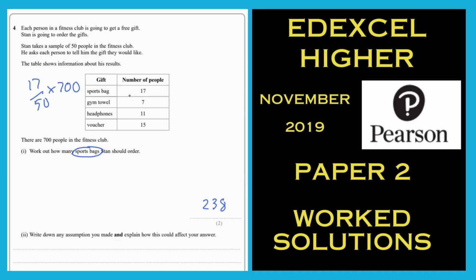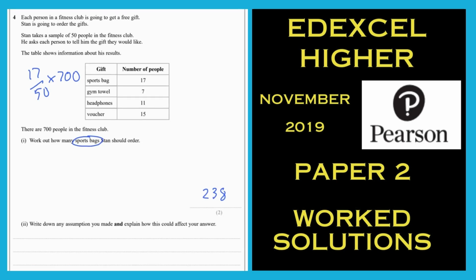All right, work out how many sports bags Stan should order. There we go. Write down any assumption. Can go lots of ways about this. The key words you want to get in, you want to either get it is representative, as in the sample that Stan's done is representative of the 700 people, or try to get in the word proportion and say that the proportion of people in Stan's survey is the same as the proportion of the whole.